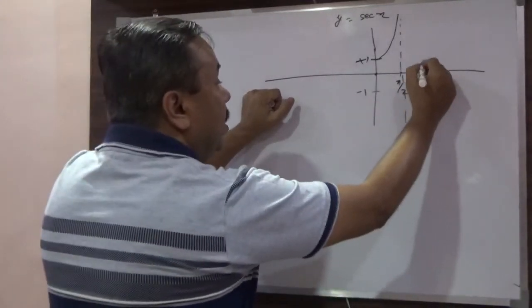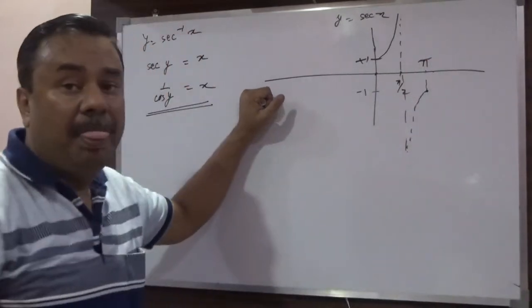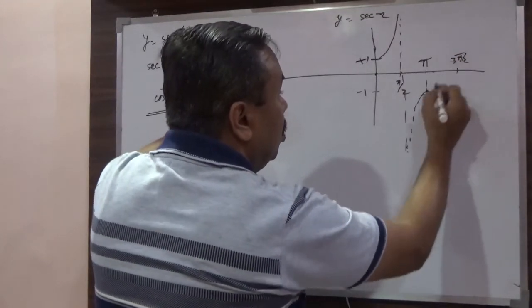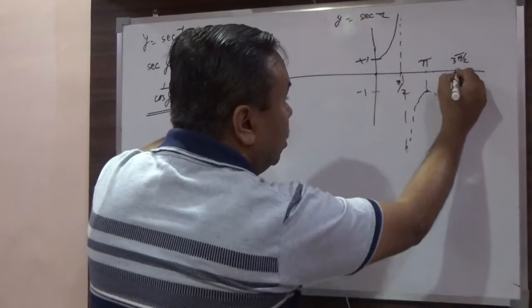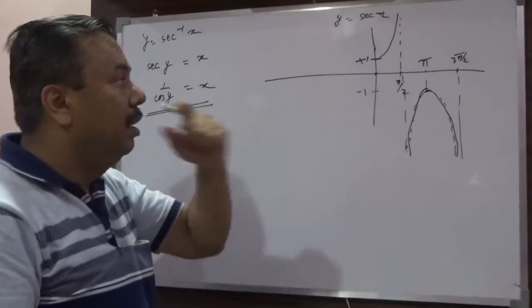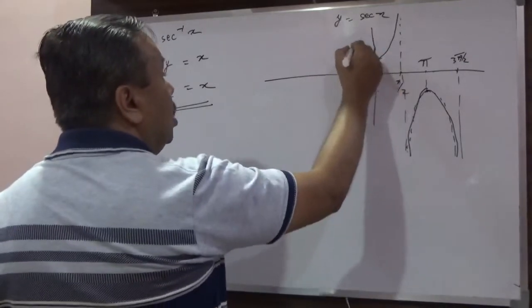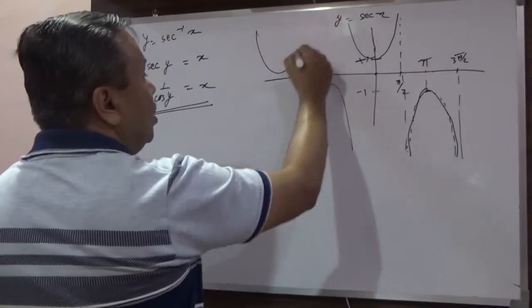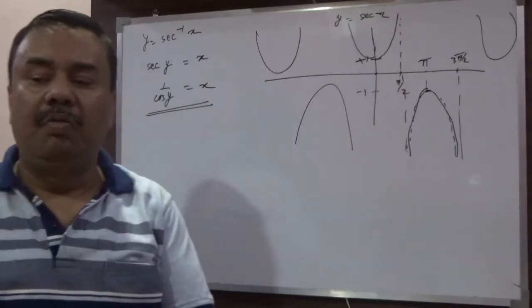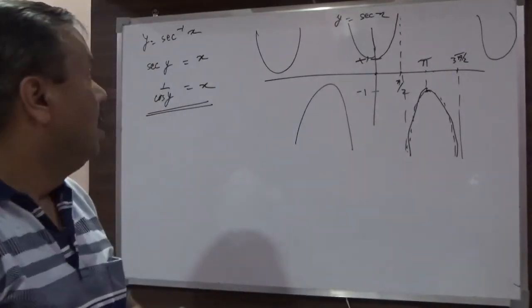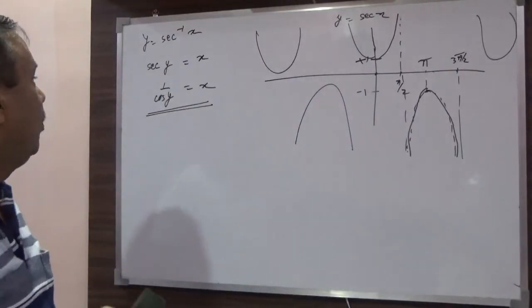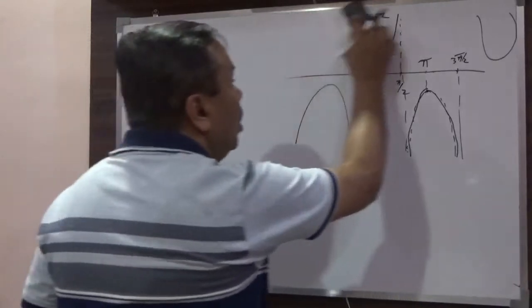Again, at 3 pi by 2, the graph will come like that. Similarly, this side also it will go, and that means the graph is like this. I think you must have recalled what the graph for sec x was. Now, using the same concept, I shall make the graph of y equal to sec inverse x.